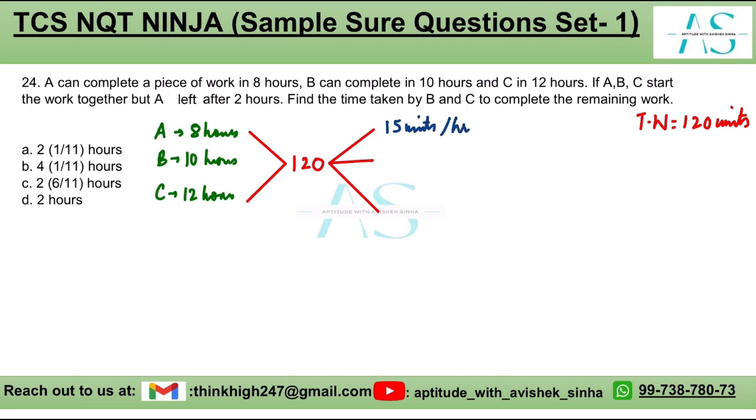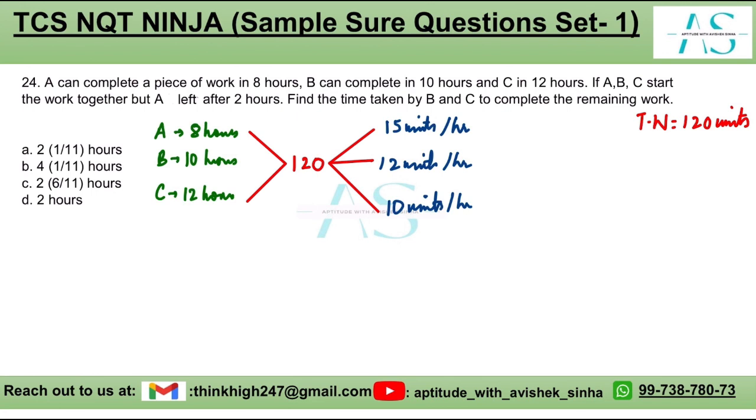Next, 120 by 10, 12 units per hour. 120 by 12, 10 units per hour. These are the respective efficiencies of the given persons.